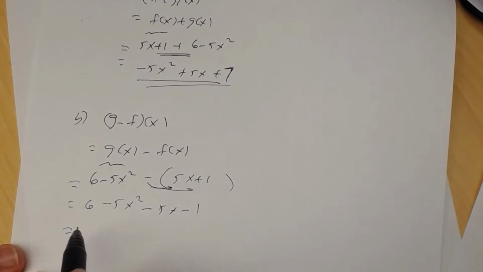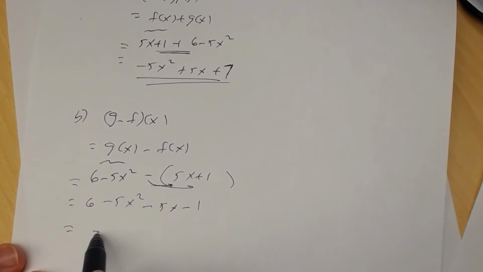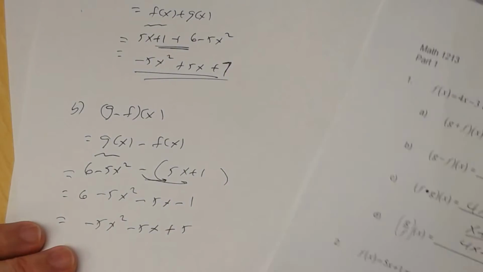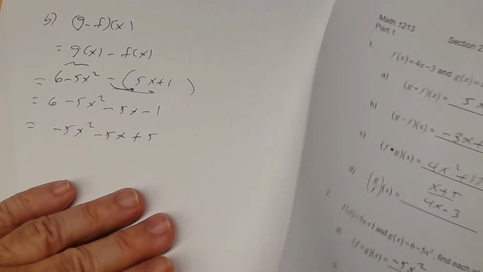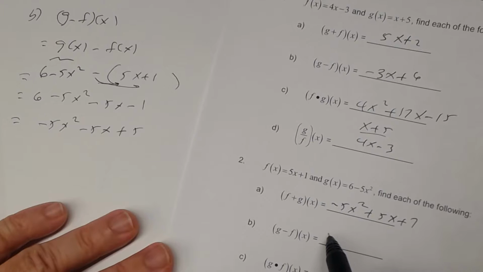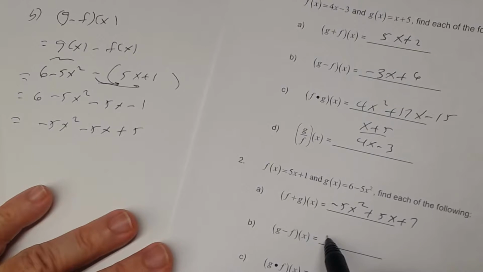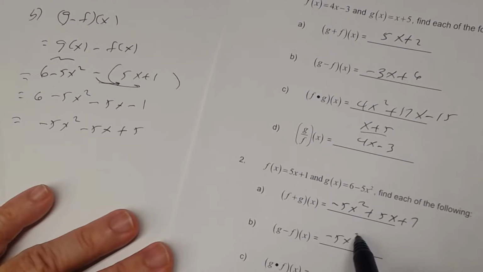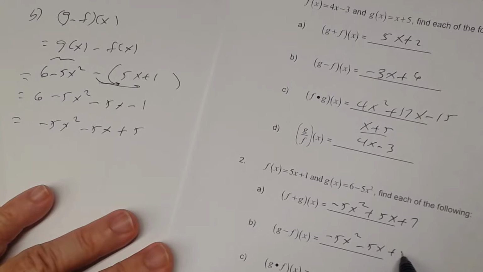And so combine like terms, and let's go ahead and put in descending order. I get negative 5x squared minus 5x. 6 minus 1 is a positive 5. And so right here, negative 5x squared minus 5x plus 5.